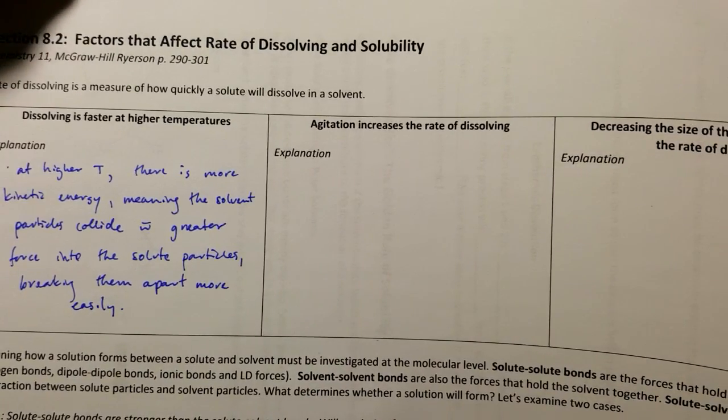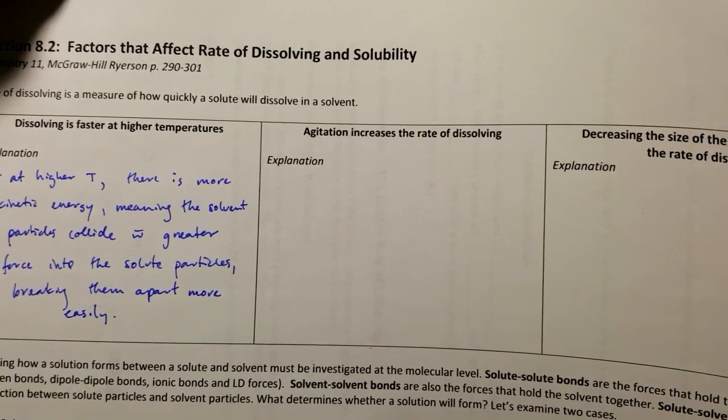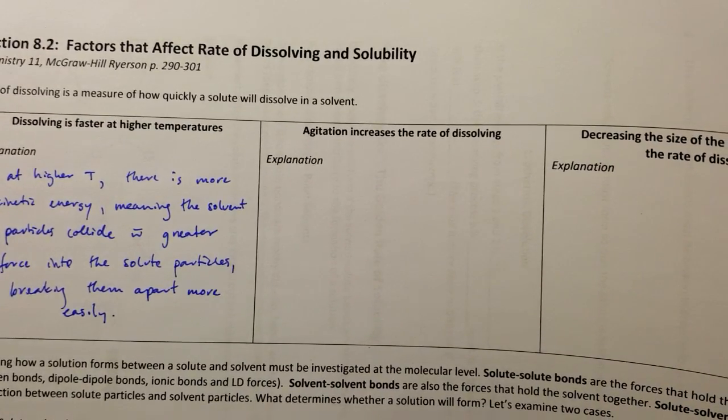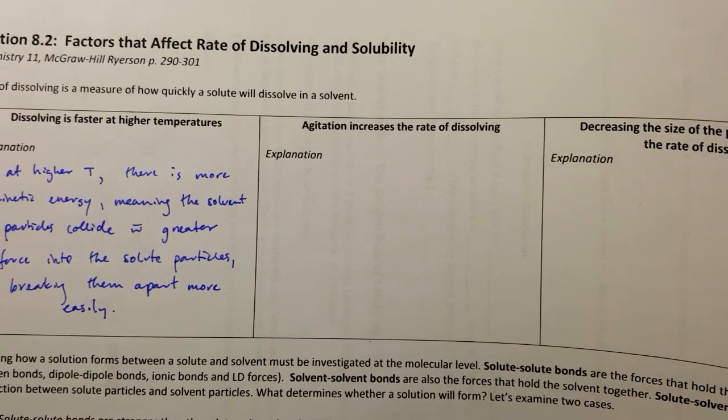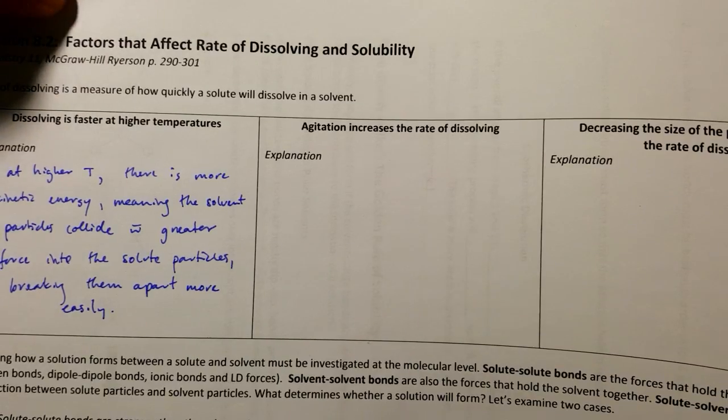We can also stir something. So what is it about stirring that allows dissolving to take place at a faster rate?